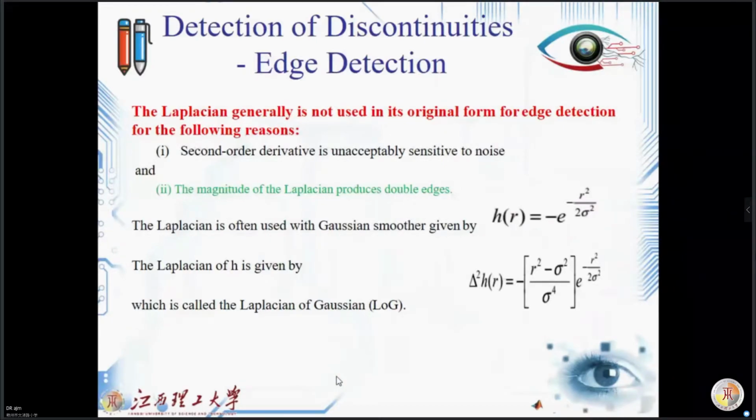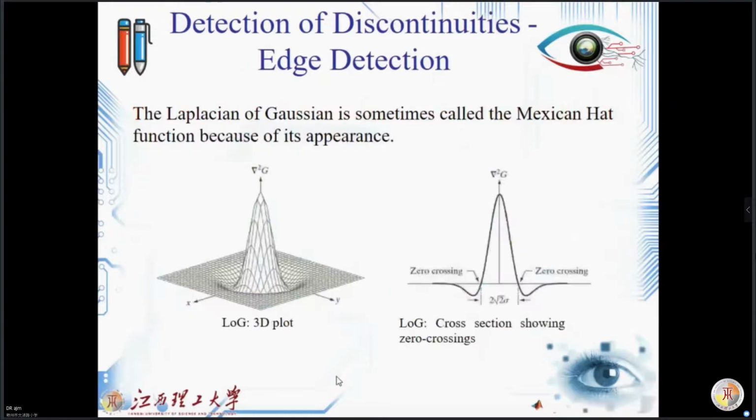The Laplacian of Gaussian, or LOG, looks something like a Mexican hat, as you can see here, because of its appearance. If I want to show you the figure of that, it's something like this in 3D plots. We have the same in MATLAB. And this LOG cross section shows the zero crossing here from the side of our plot.